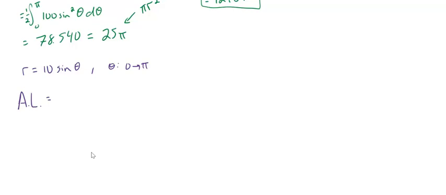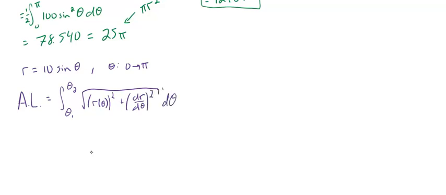AL is the integral from theta 1 to theta 2 of the square root of r of theta squared plus dr over d theta squared, all with respect to theta.